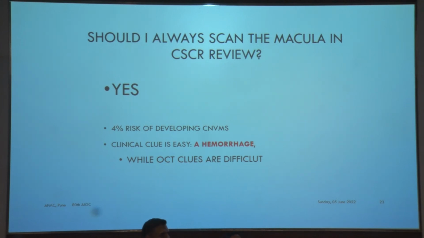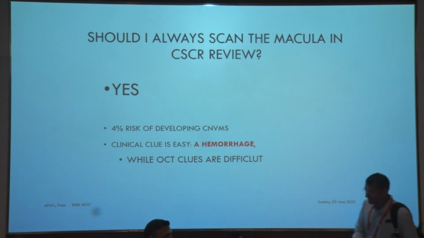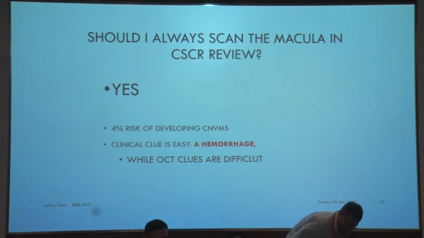So the OCT clues are important, such as the ones we discussed, which include intraretinal fluid, any segmentation error, and any choroidal thickness associations. We know that in CSCR the choroidal thickness is more compared to other disorders.